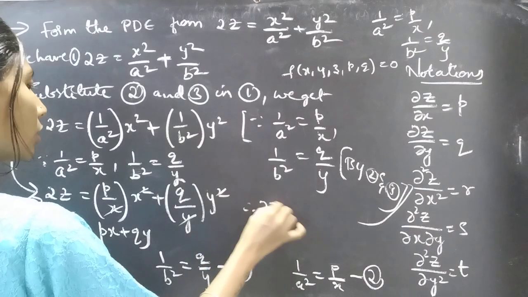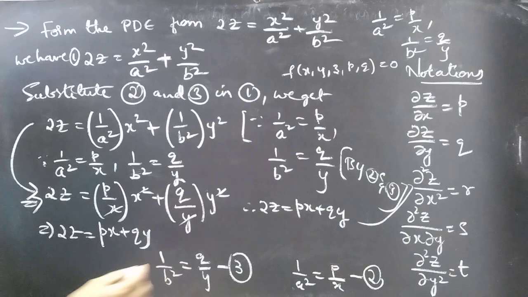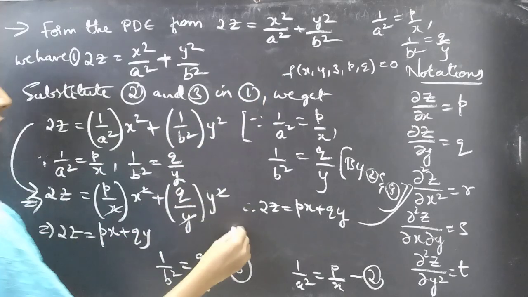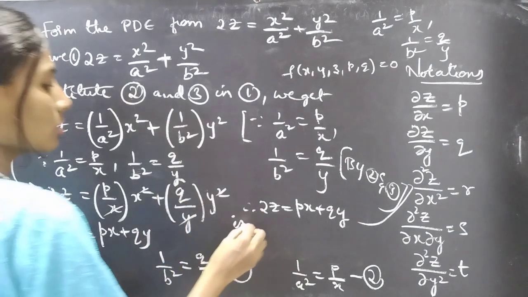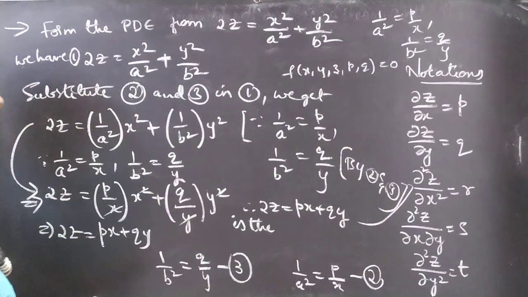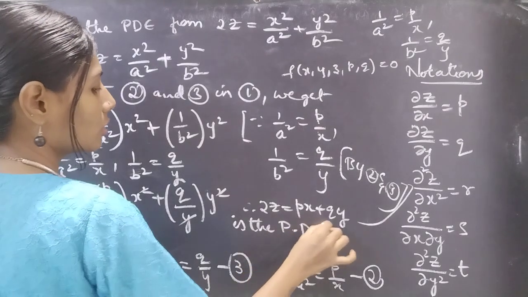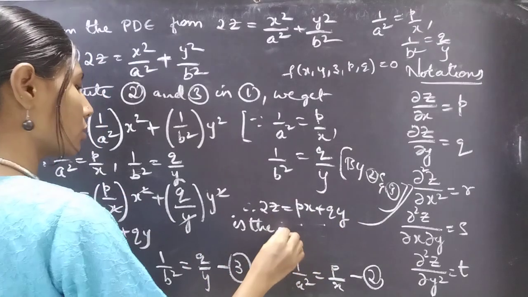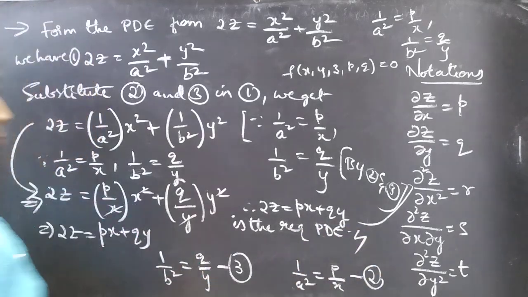Therefore 2z equal to px plus qy, which is of the form f(x, y, z, p, q) equal to 0, where it doesn't contain any arbitrary constants. So this is the required partial differential equation. This completes the problem.